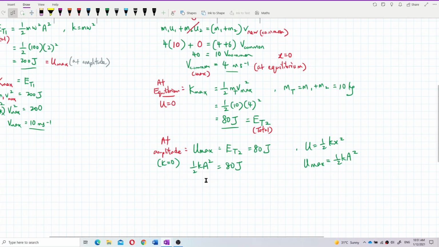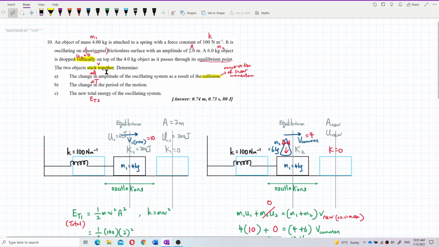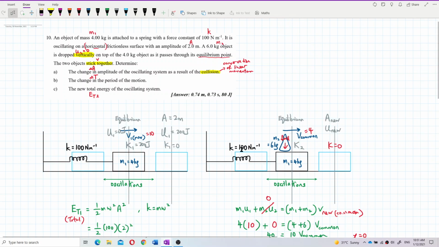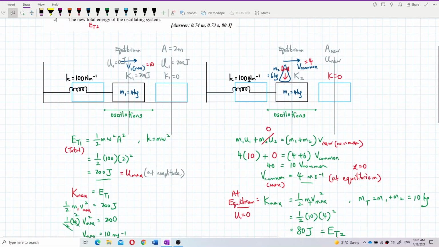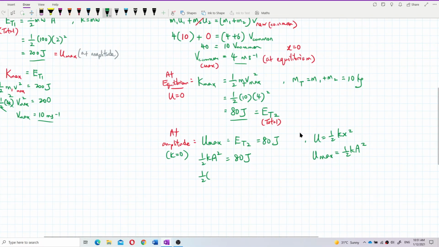So what is the k? The spring constant is still 100 newton per meter. The spring never changes, so just put 100. And then let's calculate the new amplitude.